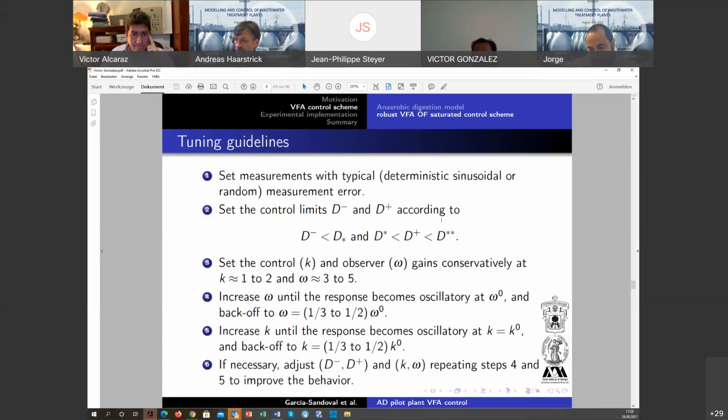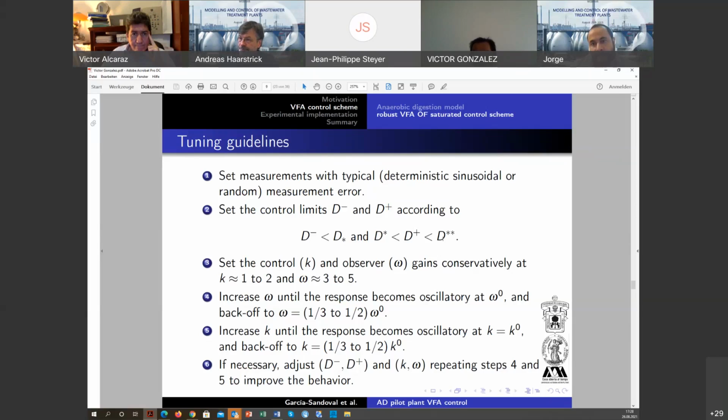Okay. So we talk to the process engineer and say, okay, you have to do this, but you have to do it in simulation because it will be easier and of course cheaper.